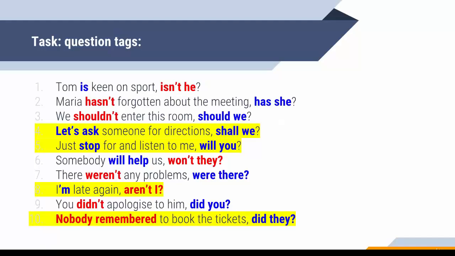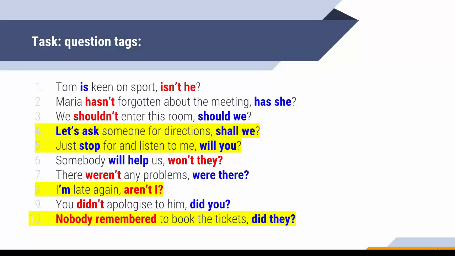Tom is keen on sport, isn't he? Is, negative, isn't he? Maria hasn't forgotten about the meeting, has she? Negative, positive. We shouldn't enter this room, should we? We shouldn't, negative, tag, positive, should we?